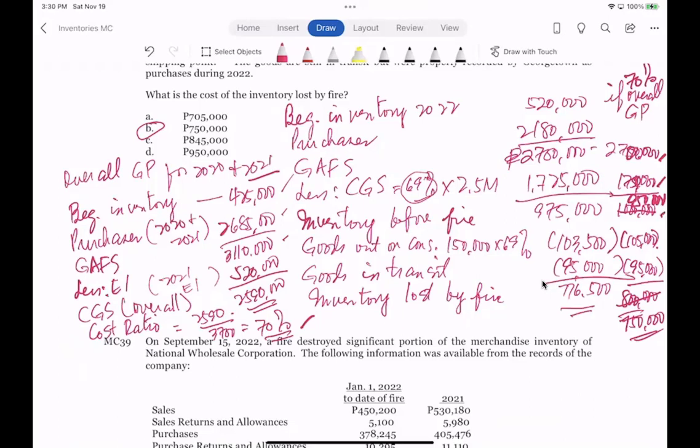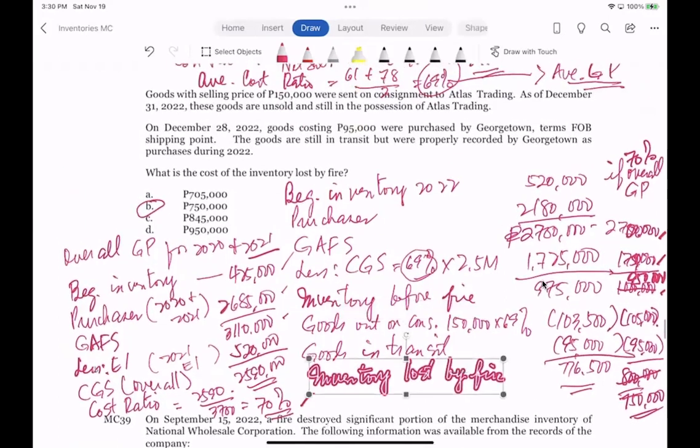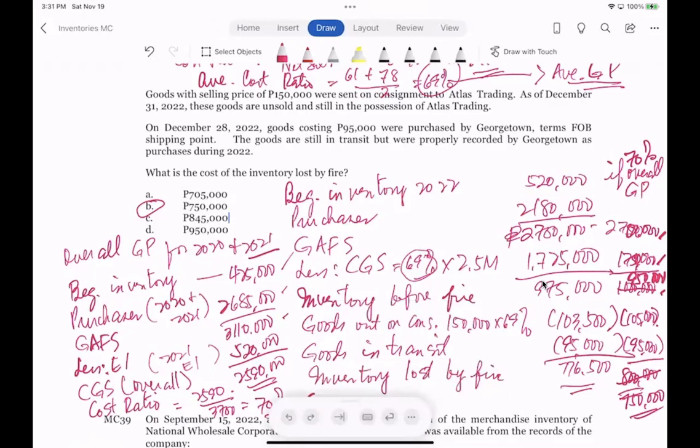Deduct goods out on consignment, but for the goods out on consignment, you have to be consistent in the use of the gross profit ratio. The goods out on consignment were stated at selling price, so you have to convert that into cost. If the average gross profit ratio is not applicable anymore, you use the newly computed 70%.